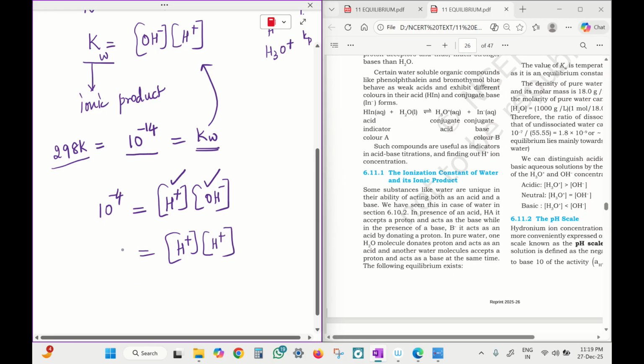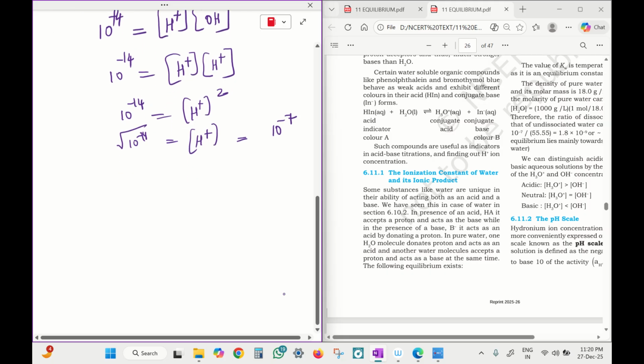We'll put it again as H plus ion concentration is equal to 10 to the power minus 14. So can we write it as H plus ion concentration squared is equal to 10 to the power minus 14, or in simple terms, the H plus ion concentration in water is the square root of 10 to the power minus 14, or in other words, this is nothing but 10 to the power minus 7.